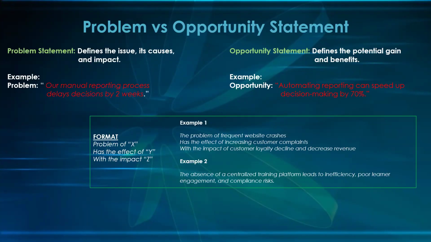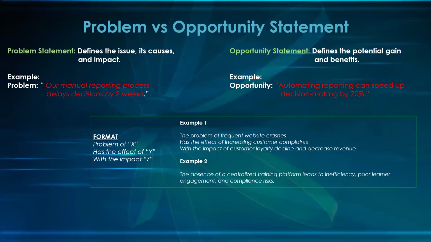So you want to define the potential gain or benefits that you're going to derive as a result of whatever it is that you want to do. So you look at the example here. Our manual reporting process delays decision making by 2 weeks. You can see that there's a problem there, there's an issue, and there's an impact.